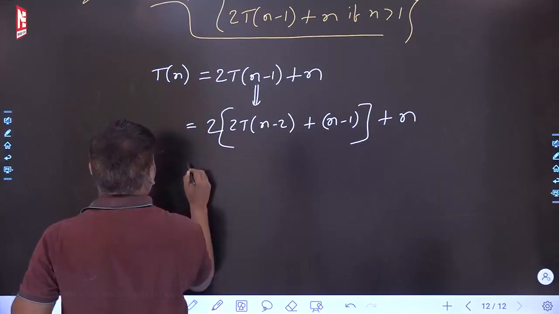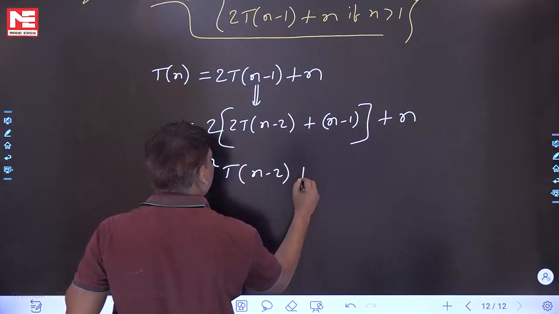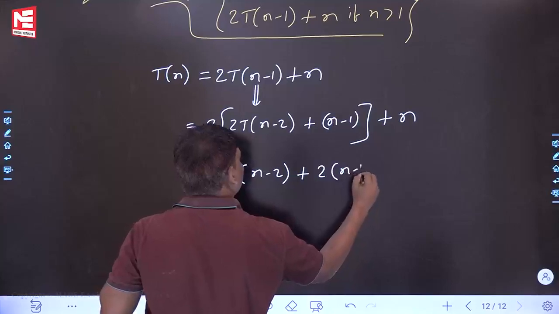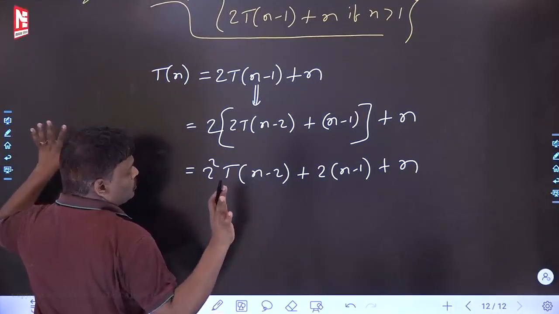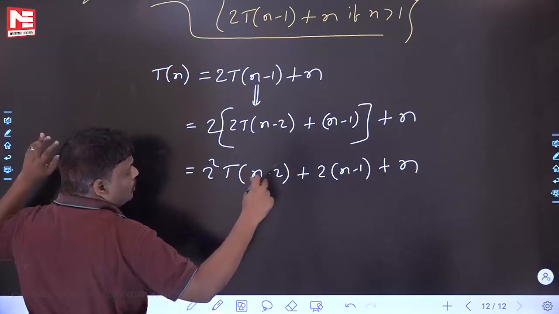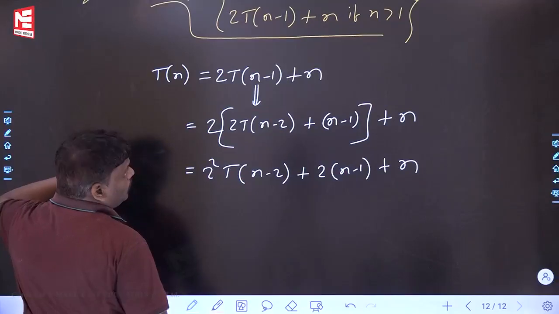Right? Simplify this: 2 square T(n-2) plus 2 into (n-1) plus n. Don't do any simplification. 2 square is there. If required, after the third round we will do it. Until the third round, don't do any calculations.